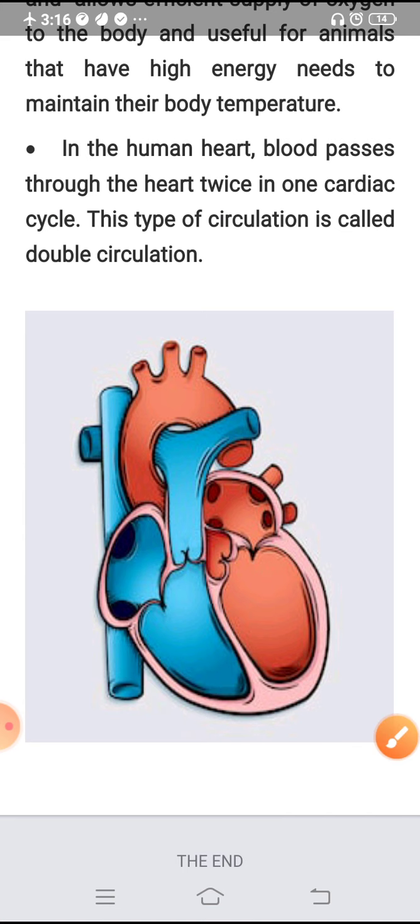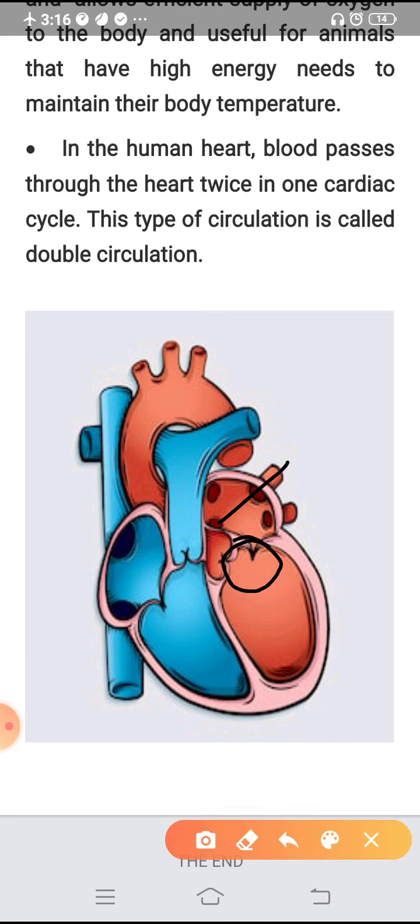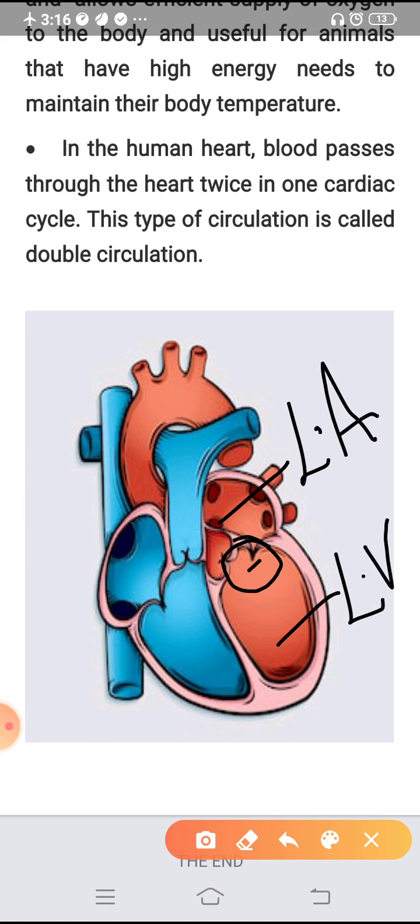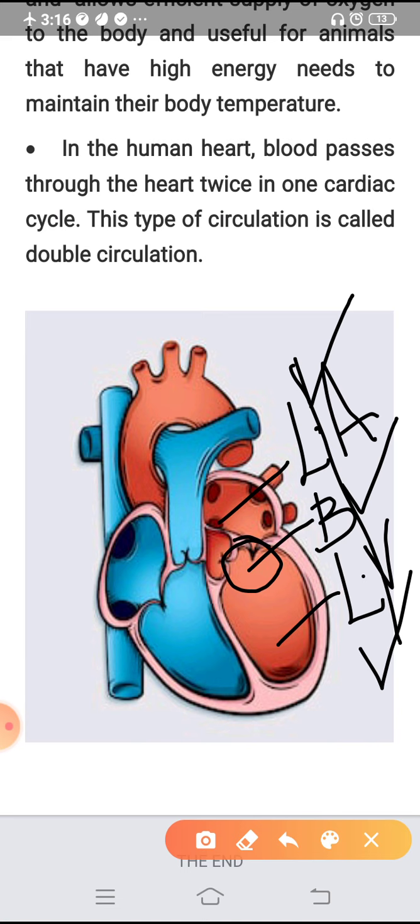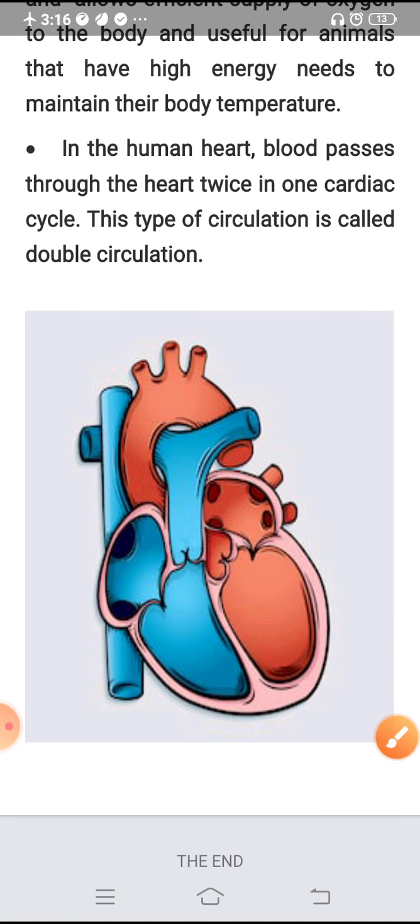Okay, and the third valve is the bicuspid valve. It is present between the left atrium and the left ventricle. Easy to remember, LBV. L for left atrium, B for bicuspid valve and V for left ventricle. Okay, and the fourth valve is the aortic valve. The aortic valve is present here.